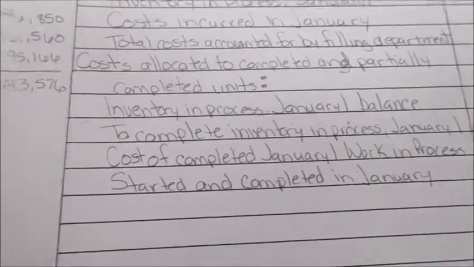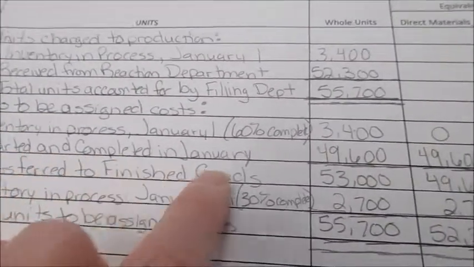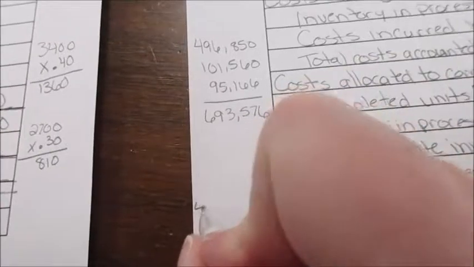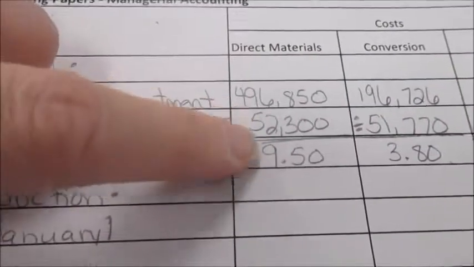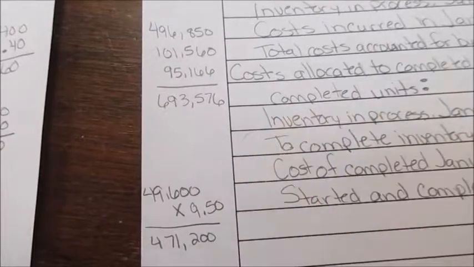We're going to take the 49,600 from our started and completed in January from our units. So we're going to take our 49,600 and multiply it by our $9.50. And when we do that, we get 471,200.